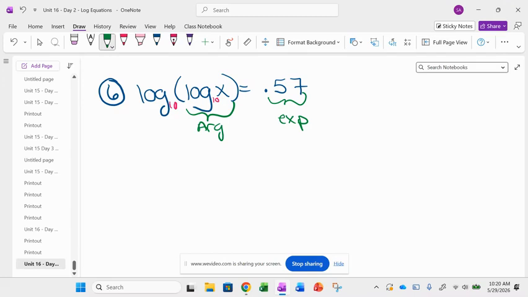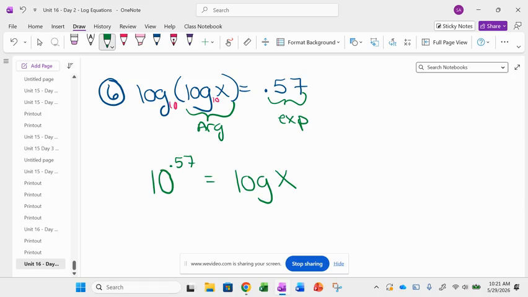So now when I go to turn this into exponential, how am I going to write it? 10 to what? To 0.57 equals the log of x. Do we agree? At this step, I have 10 raised to an exponent.